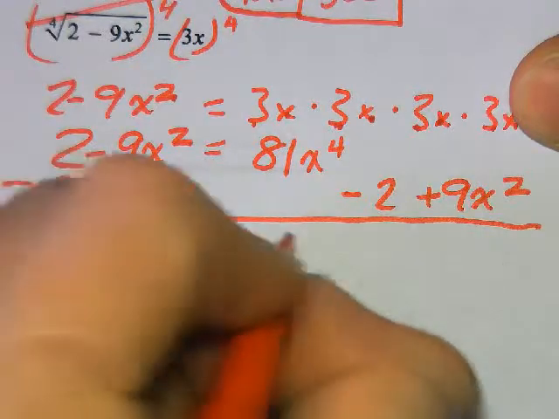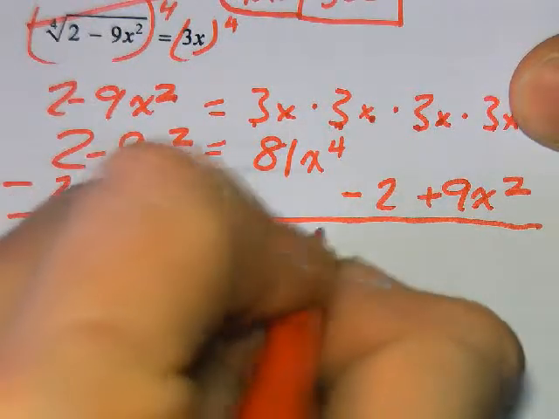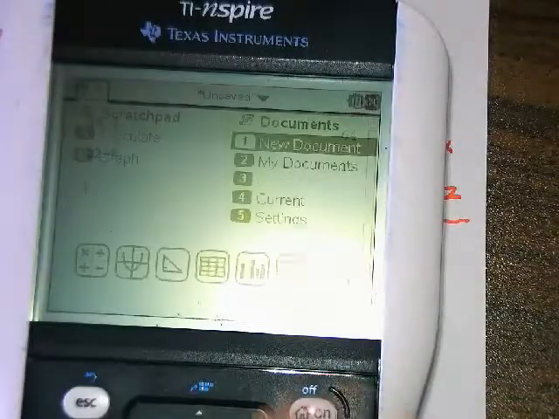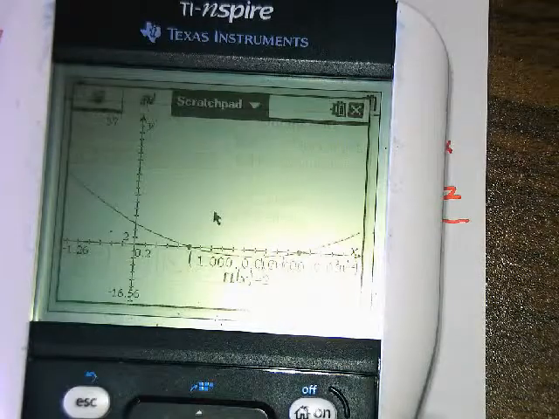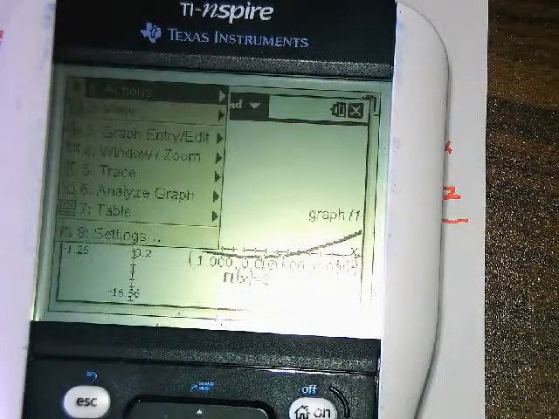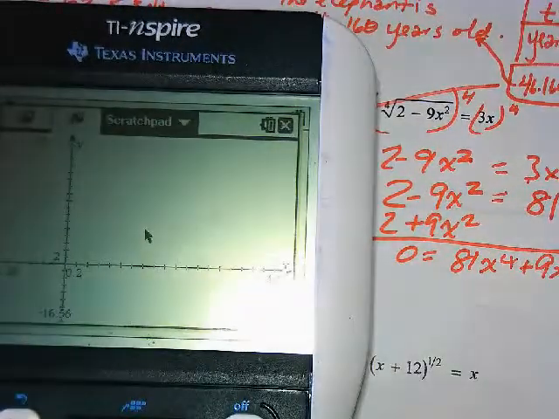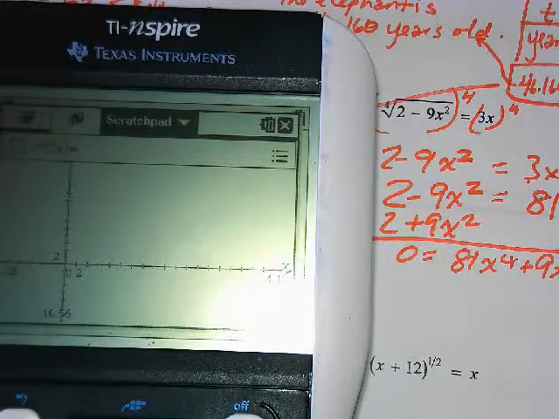And I'm going to take this to my graph. And I'll type in this equation. 81x to the 4th plus 9x squared minus 2.